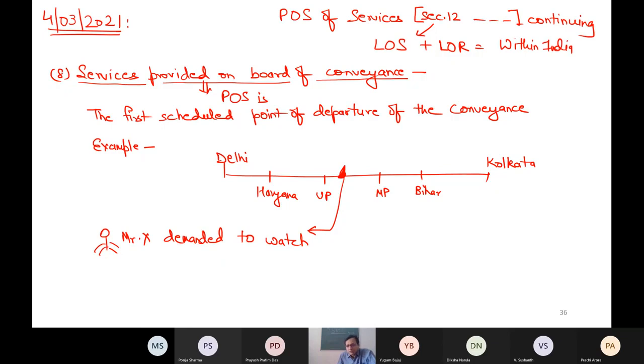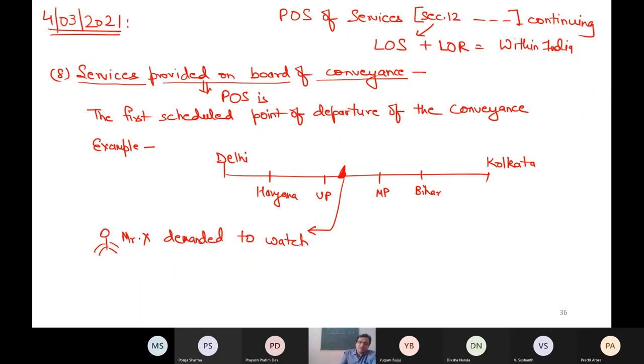We don't have this situation as far as trains are concerned, as far as I know. Maybe gradually we'll have trains with screens at the back of every seat, where we can ask to watch any movie by paying an amount. Maybe this facility will come later on. As far as I know, this facility doesn't exist today in India.